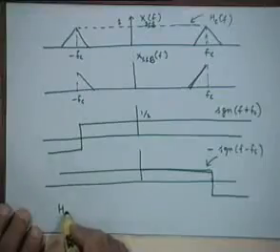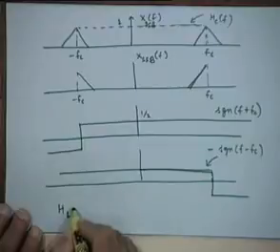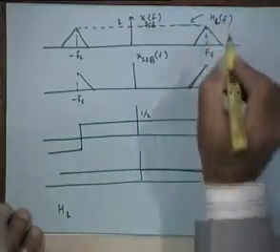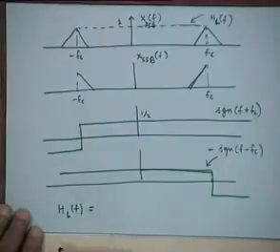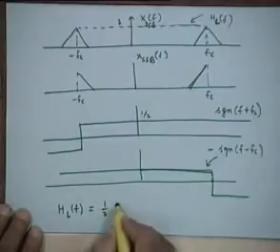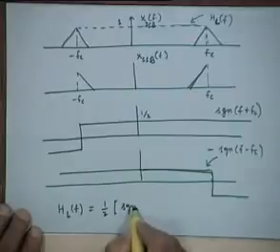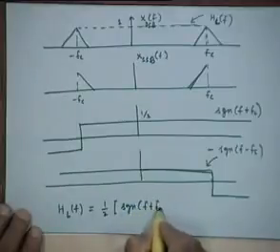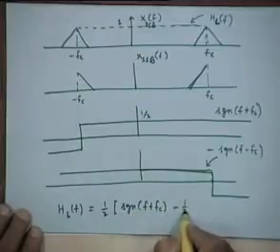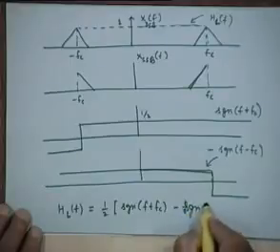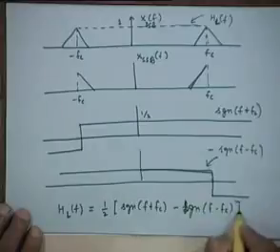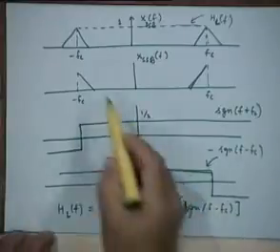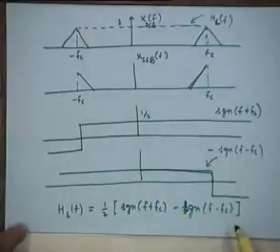What we are saying is that the ideal low pass filter H sub LF is equal to half of signum F plus FC minus signum F minus FC. So this is basically what I am saying. This transfer function is a sum of these two.